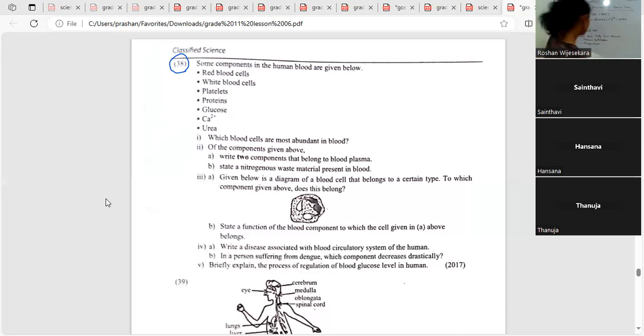You can write like that. Engulfing pathogens. That is the answer given in our answers.